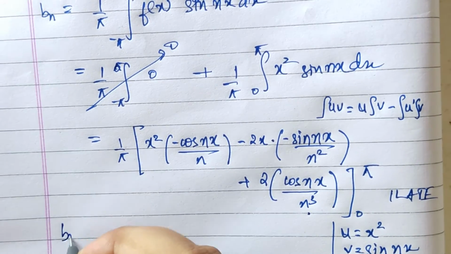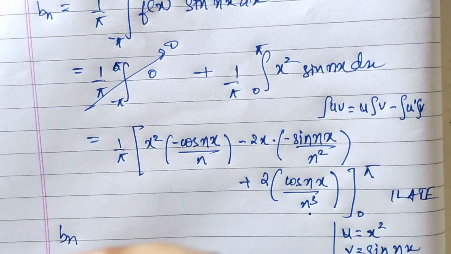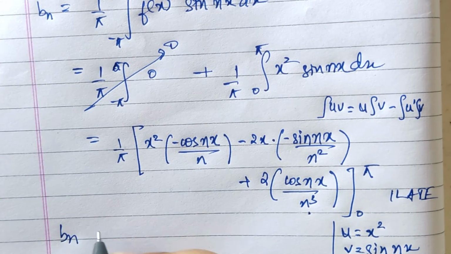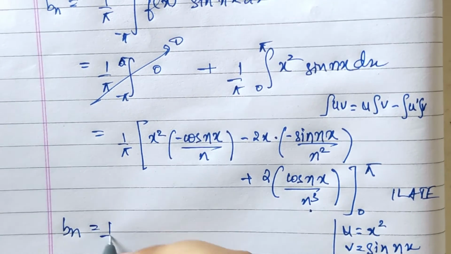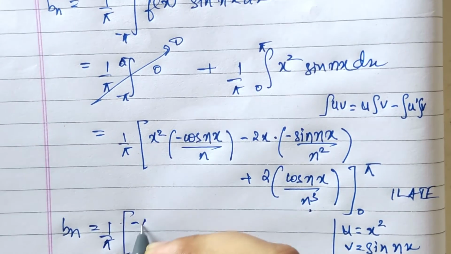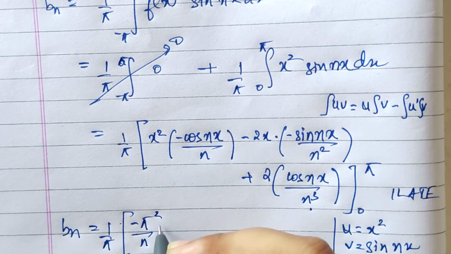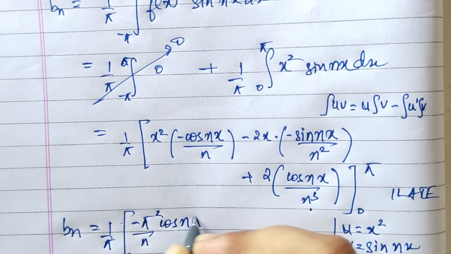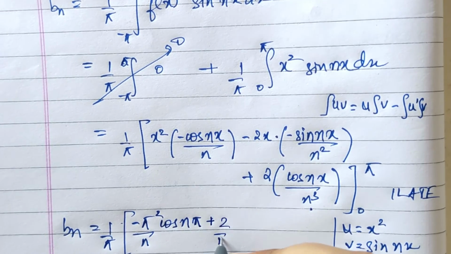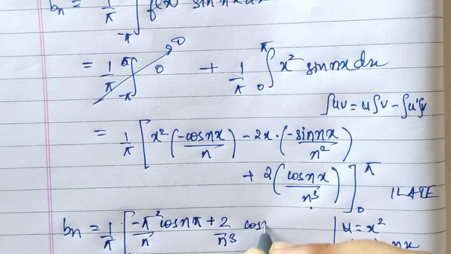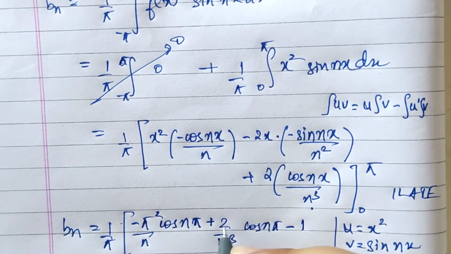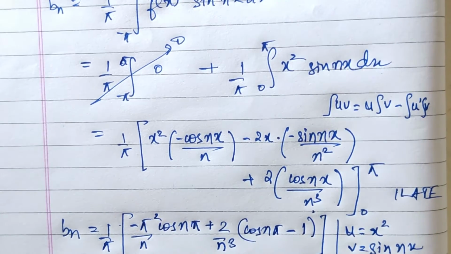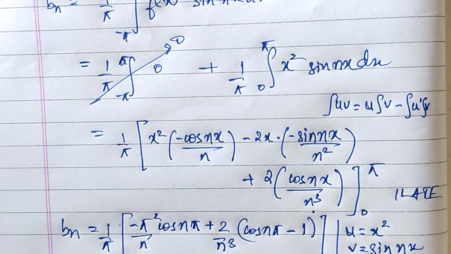And finally, after substituting your limits, bn will come out to be 1 by pi minus pi square by n cos n pi plus 2 by n cube cos n pi minus 1. Be very careful while doing the integrations.